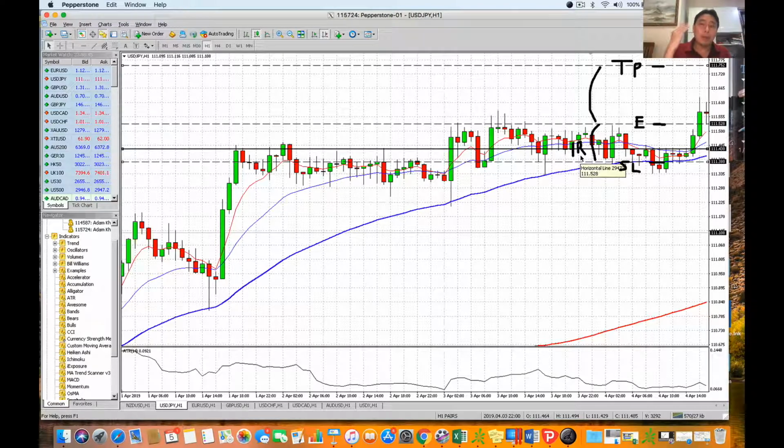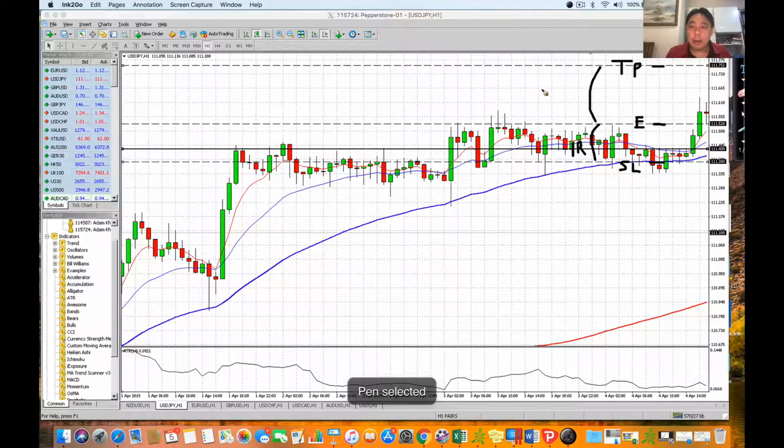Our profit target is about 22 pips, so 22 divided by 15. In this case, we are aiming for a 1.46R profit. So we're risking $1 in a sense to make $1.46. So that's fine, as long as you're making more when you're right and losing less when you're wrong. That's a fine trade. Okay, got it?